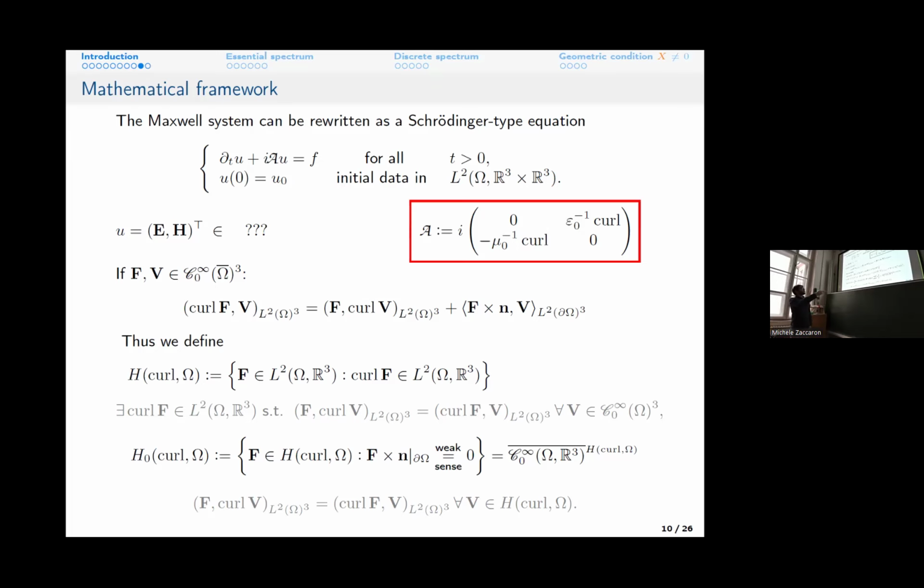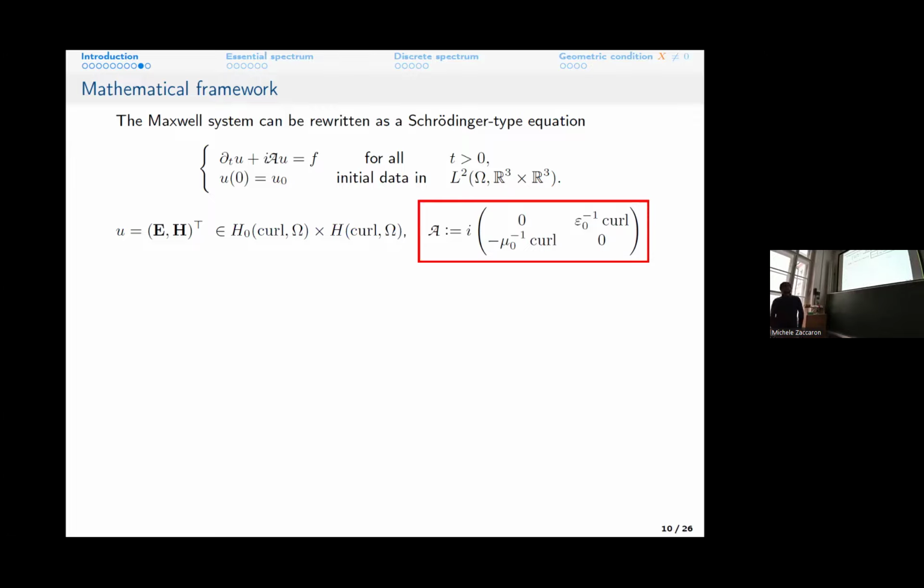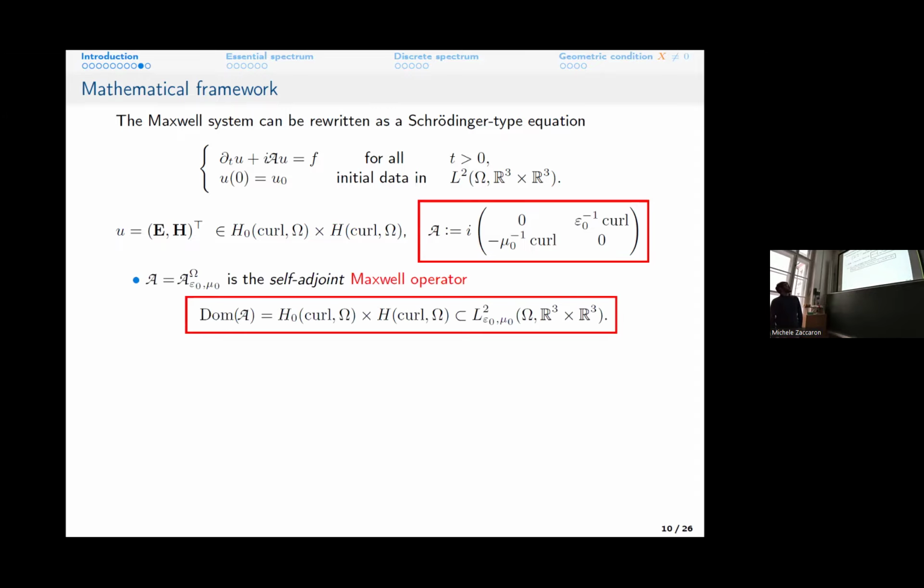Okay, so we take the pair E, H in the space H0 curl times H curl. And the Maxwell operator A will be defined with this domain, exactly H0 curl times H curl, in the L2 space with 6 components.